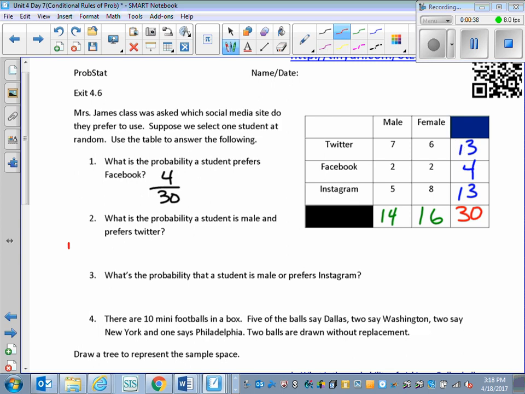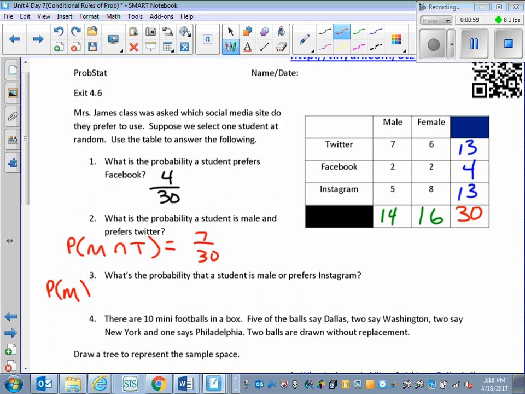The probability that the student is male and prefers Twitter is males preferring Twitter, 7 out of 30. Now, the probability that the student is male or Instagram, so we can use the addition rule.